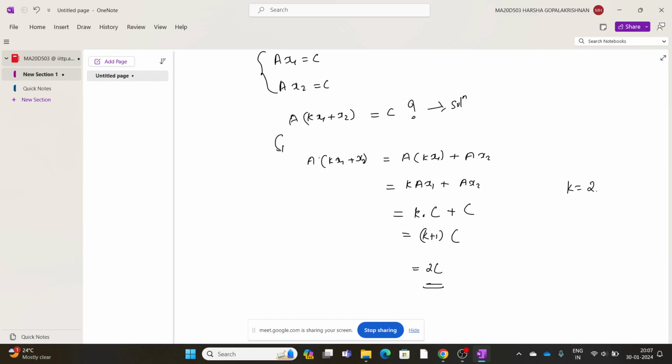That's why I told you to find some matrix A and C, and find two solutions x1 and x2 of this, but Kx1 plus X2 is not a solution. Try with some matrix. If it is not working, try with another.